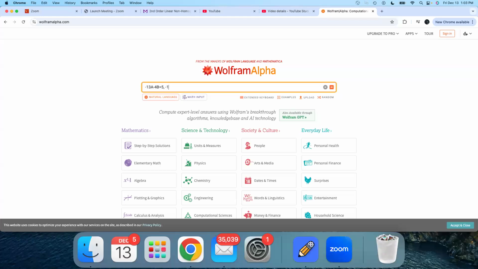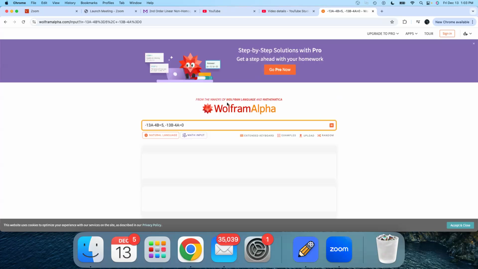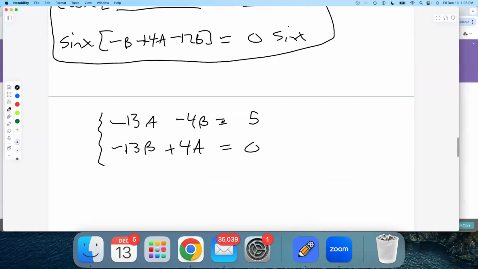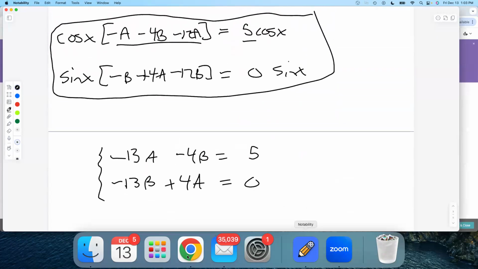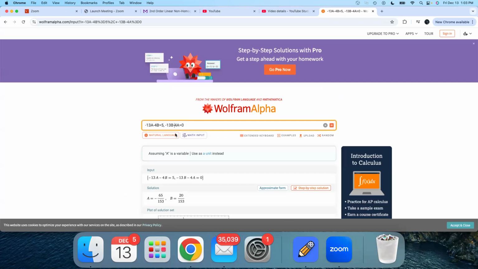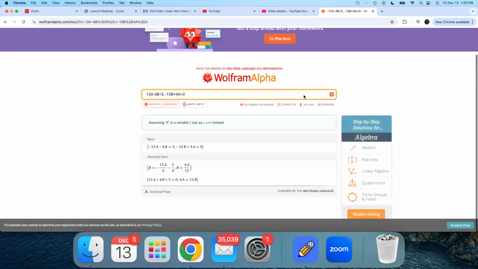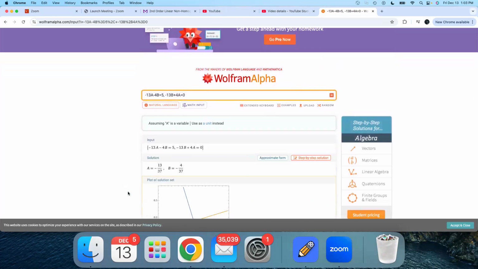And then I think we had, I'll check this to be sure, 4a equals 0. Let me make sure that was right. Oh, was it plus 4a? I think it was. And we get our two solutions: negative 13 over 37, 4 over 37. We get our two coefficients, I should say.